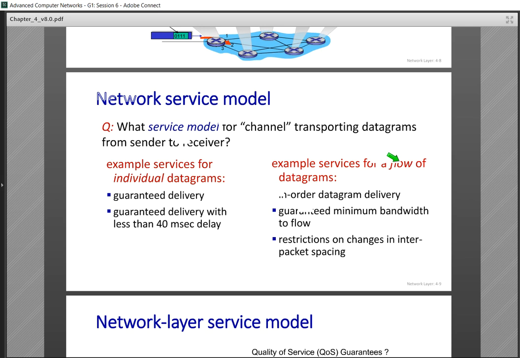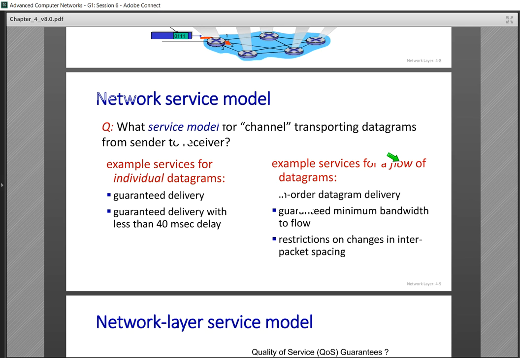Those packets have similar source and destination. Okay, a flow is a collection of packets with similar source and destination. So those packets should be sent along a similar path.